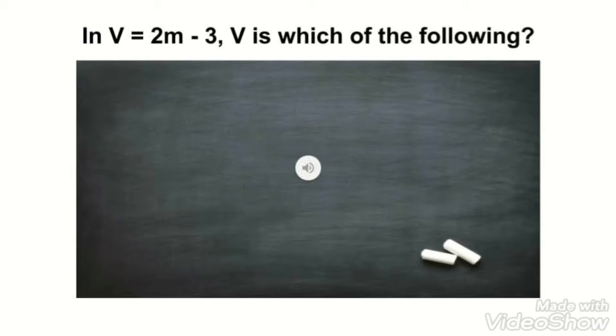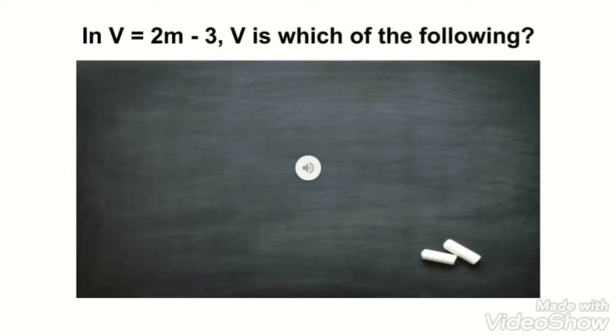V, what is V? V is a variable that could stand for variable, or it could mean velocity. It just depends. Velocity has its own formula, and it'll say V equals speed times acceleration times force, all of that good stuff.